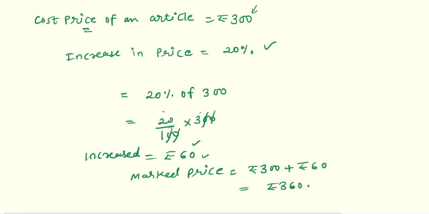Question one solved. Now the discount given by the shopkeeper. He gave 10% discount. The marked price is rupees 360 and he gave 10% discount. As I told you, discounts are applicable on MRP.